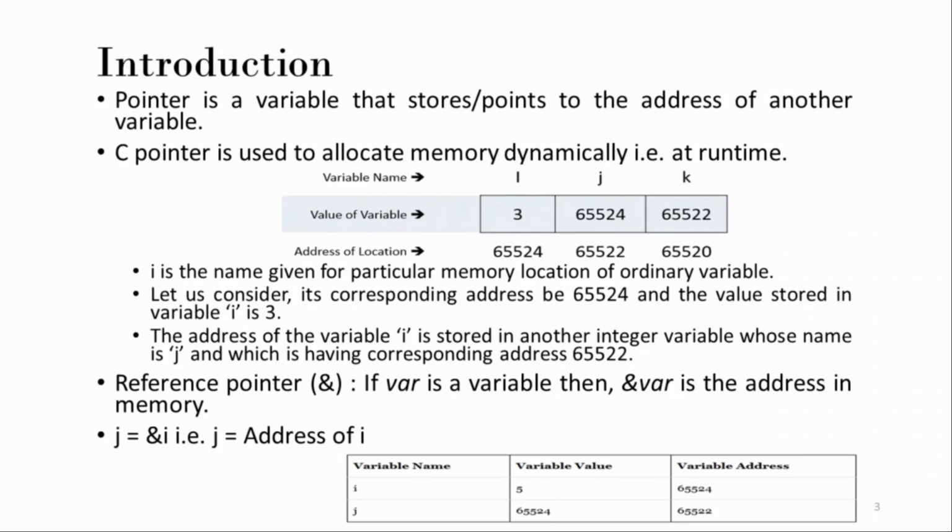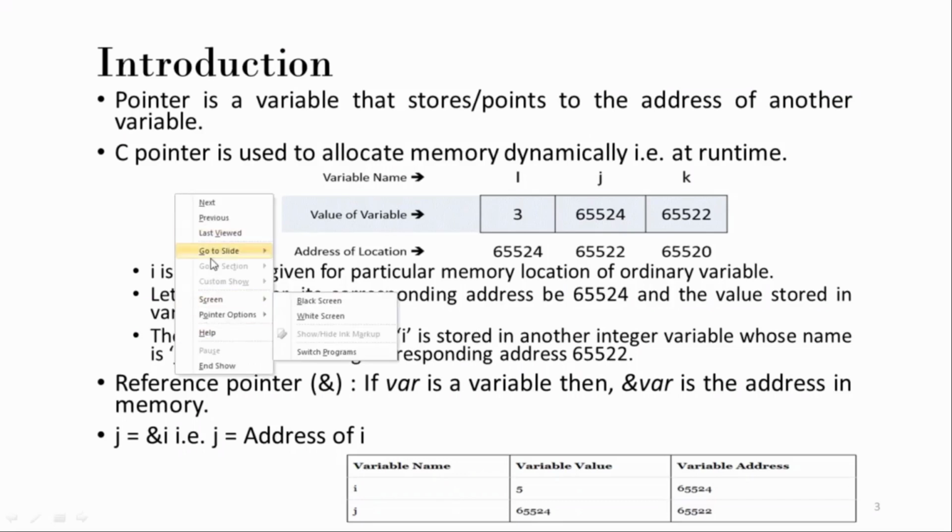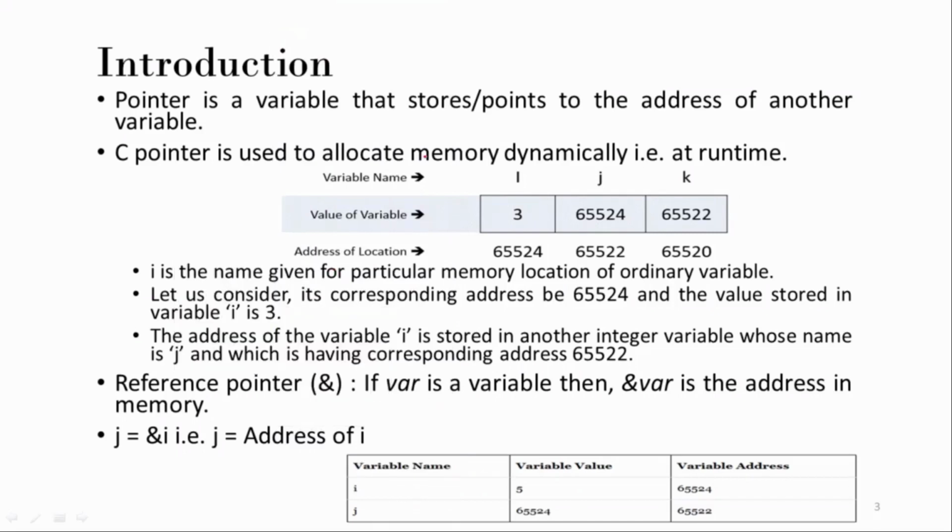So a pointer is a variable that points to the address of another variable. In C, pointers are used to allocate memory dynamically, that is, at runtime. Suppose we take variable names like i, j, k, then the value of each variable, like 3, and the address location of each variable, like 65524, 65522 and 65520.